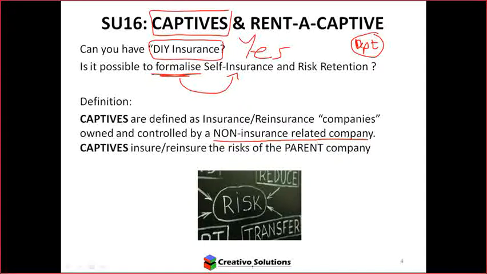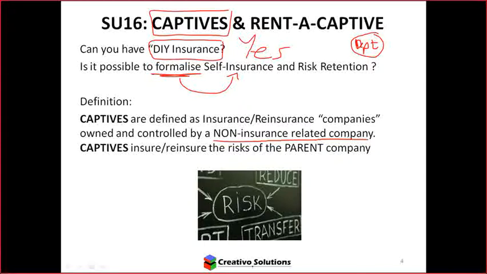Yes. A captive would be your company creating a separate company, called a captive, that is owned by your business. So your business would pay a premium over to the captive.